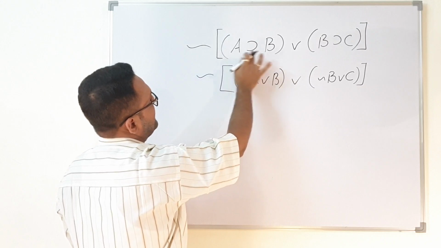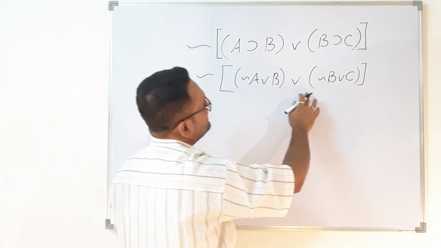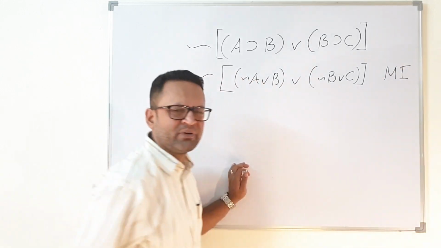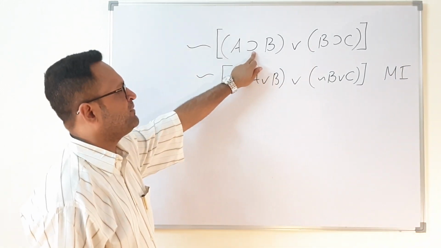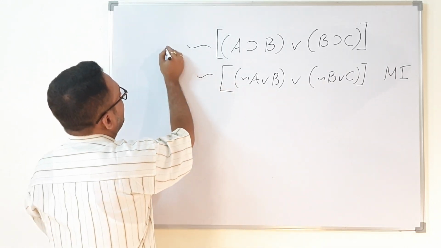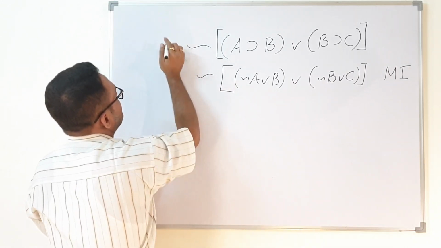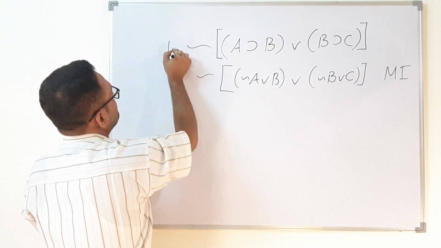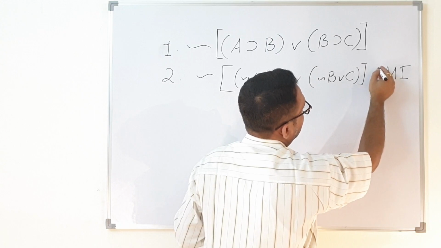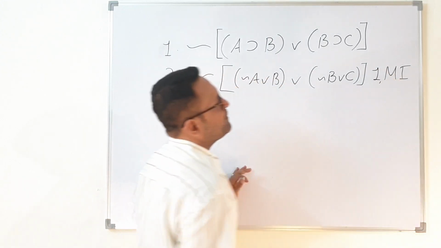I will just write material implication without using a line number, because I applied material implication on this line. You can name it. Let me name it step number 1, so that we are not confused. This is step number 2. So on step number 1 I write material implication.